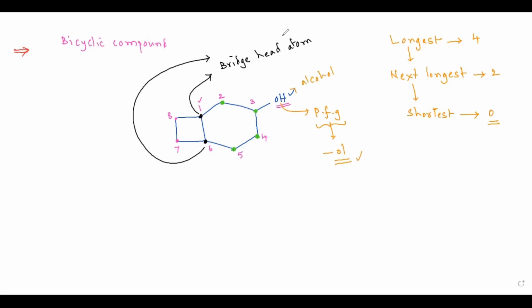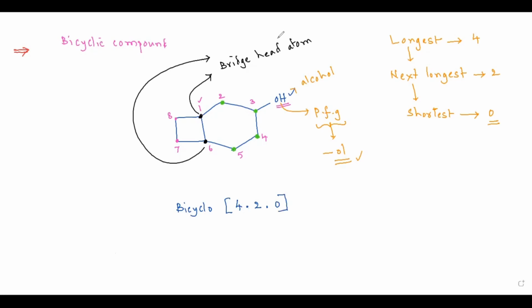So now, let us write the name. No substituent, so no secondary prefix. Straight away, bicyclo. Because it is a bicyclic compound. In the longest, you got 4 carbons. Next longest, 2 carbons. Shortest, 0.